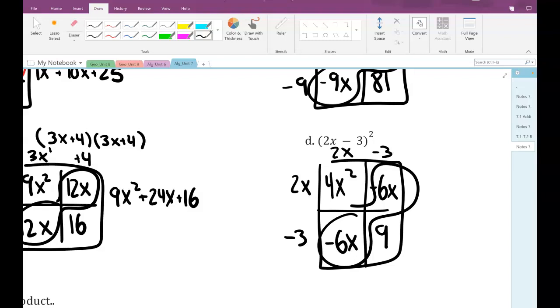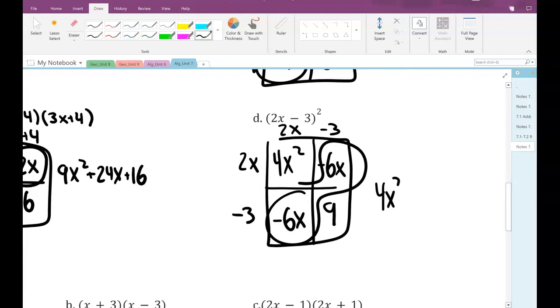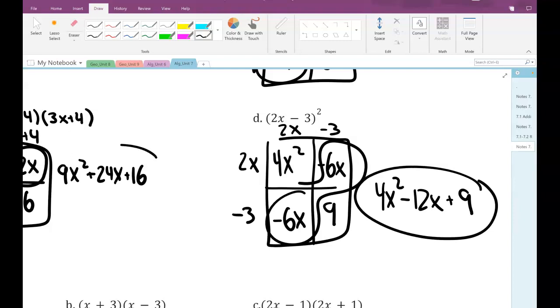That's good, we're doing it right. So our final answer will be 4x squared minus 12x plus 9. Nothing too tough. I could have given you this problem last week and you would have been able to do it. It's now looking at it from a different perspective.